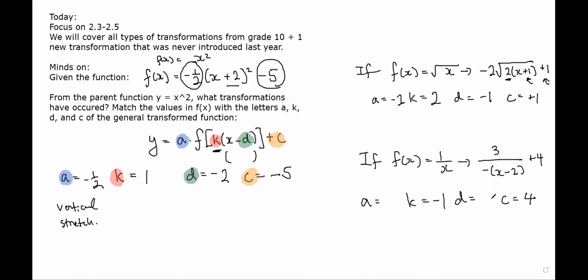Would D be +2? Good. It looks like a -2. The D value is a +2. That's fine. And the last one, the 3 is actually a multiplication, and I'll tell you why.